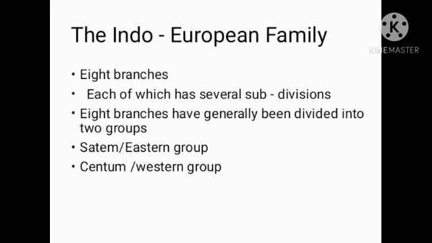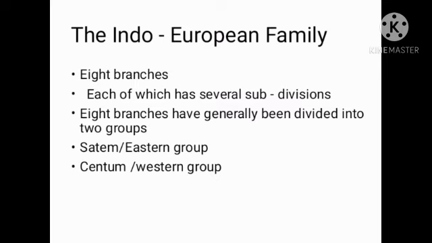The Indo-European family includes 8 branches, each of which has several subdivisions. The 8 branches of the Indo-European family have generally been divided into 2 groups, the Satem or Eastern group and the Kentum or Western group.